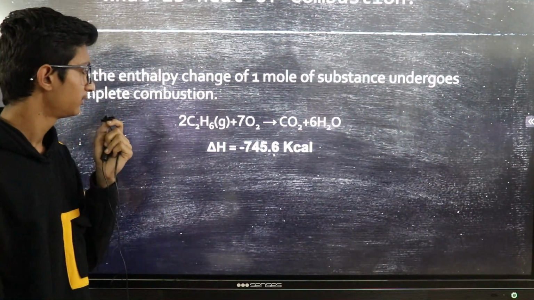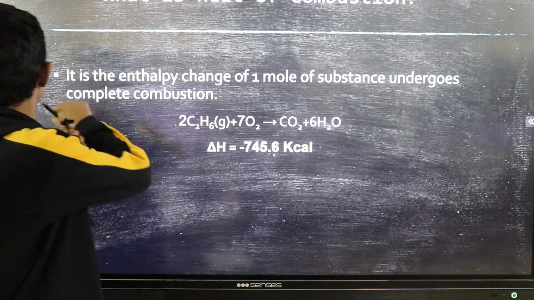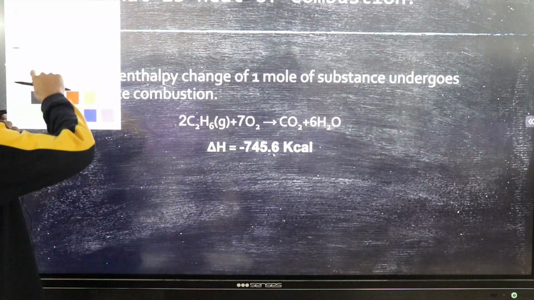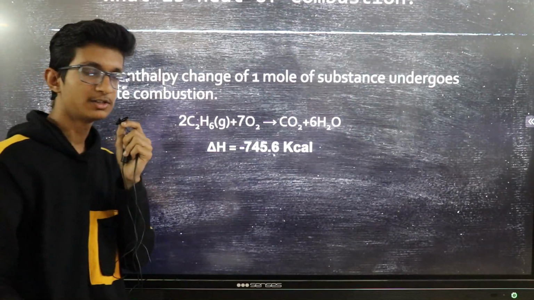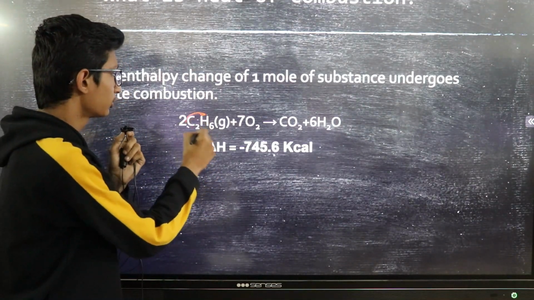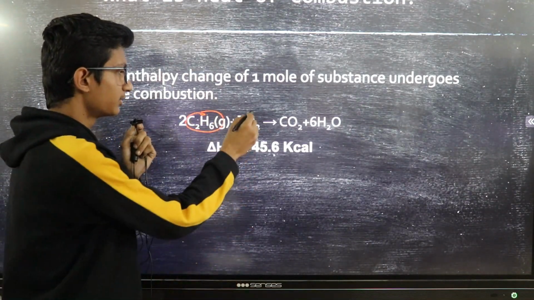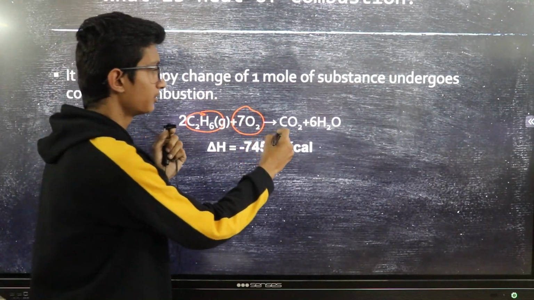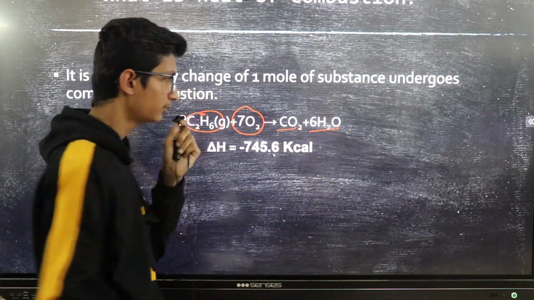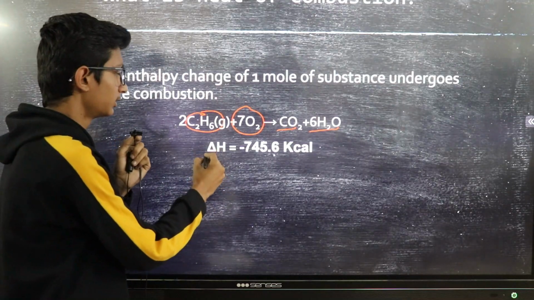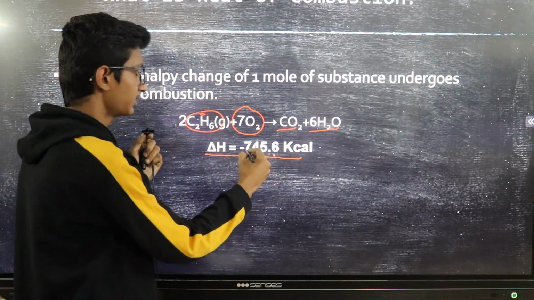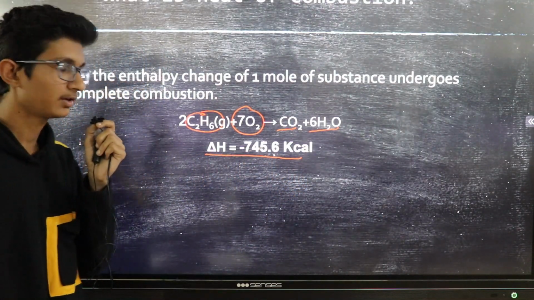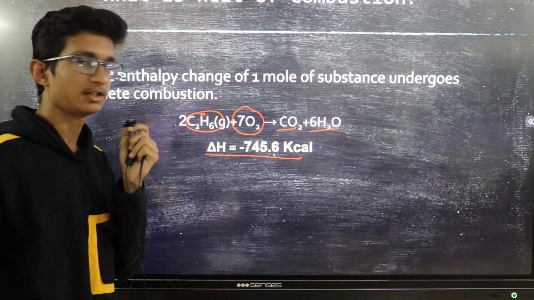Through an example, we can see a reaction where 2 moles of ethane react with 7 moles of oxygen and produce carbon dioxide and 6 moles of water. The delta H for this is given as minus 745.6 kilocalories.